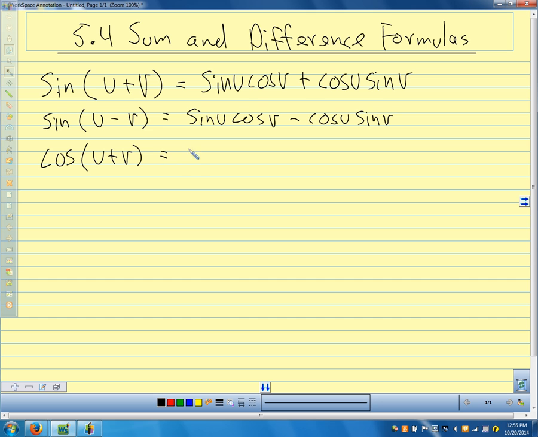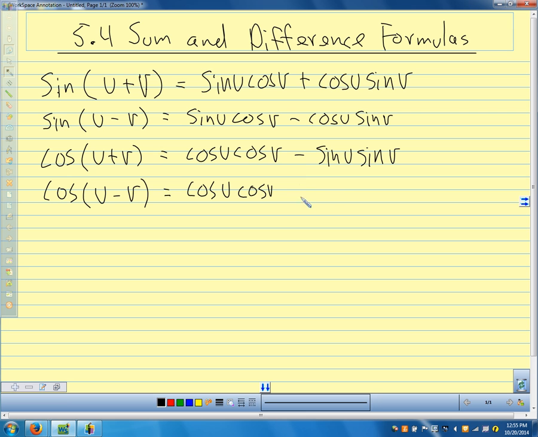Cosine of u plus v is cosine u cosine v minus sine u sine v. And then our difference formula, cosine u cosine v plus sine u sine v.